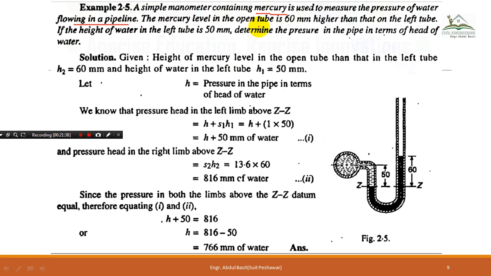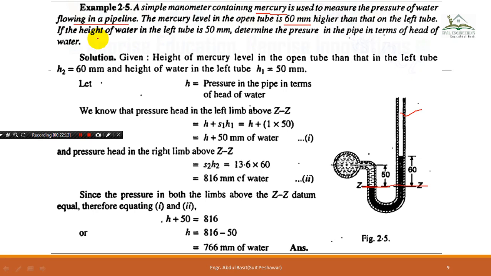The mercury level in the open tube is 60 millimeter. This one is the open tube, and the level of mercury in it is 60, in millimeters. Then higher than that on the left limb, this is the left limb situation, at Z, and in the right limb the mercury level is raised by 60 millimeter with respect to the mercury level in the left limb.